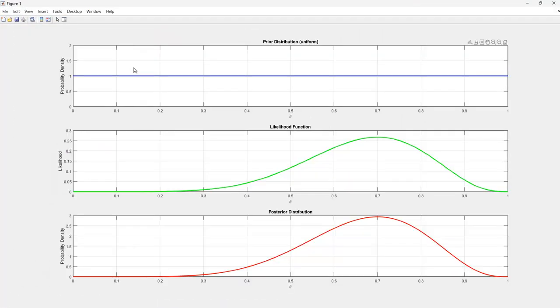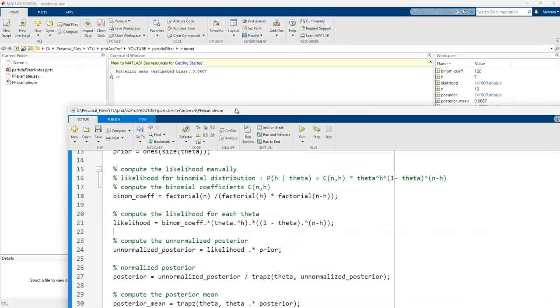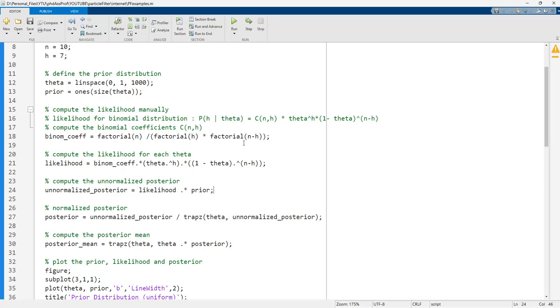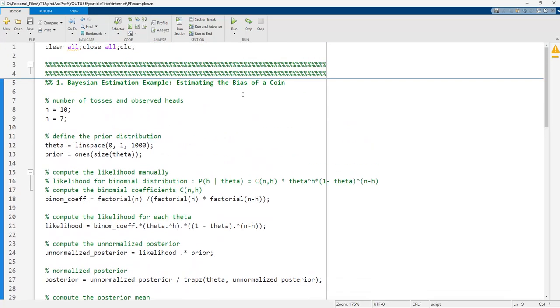So the prior distribution is equal to 1, the likelihood is around 0.7 at the maximum point, but the posterior probability density function is around 0.666, right? 0.66, okay. This is how we can estimate the bias probability of a coin for a given observed data, which is given here.